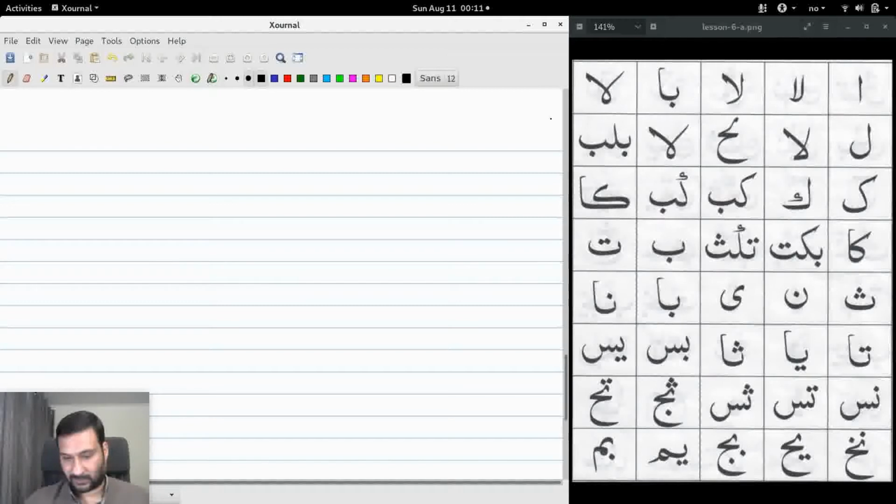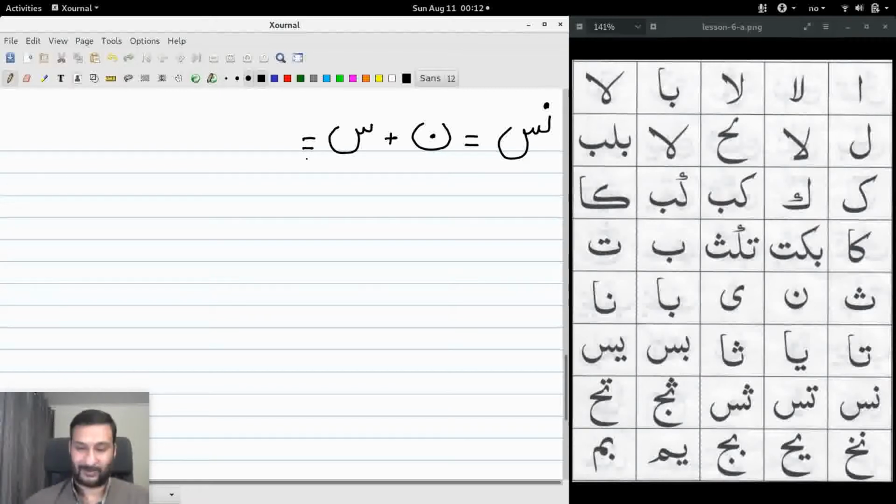So here is this word which looks like this. And this is, of course, one dot above this line, so definitely it is noon. And it's made up of the letters noon and sin. Oops, this is not a nice sin. Alright, noon sin.